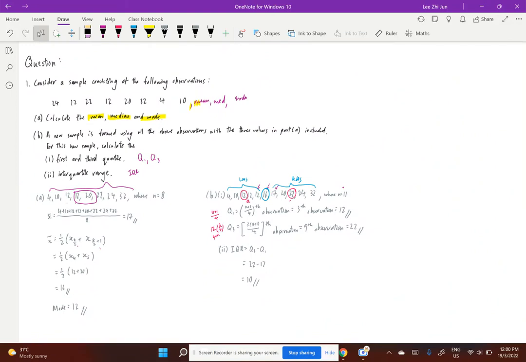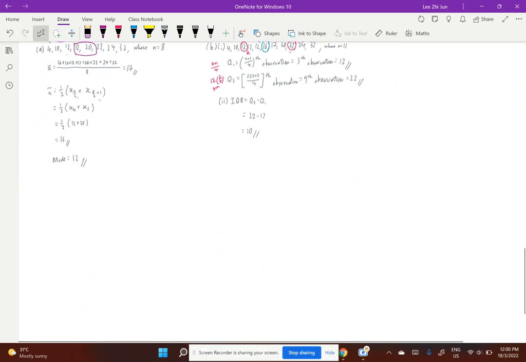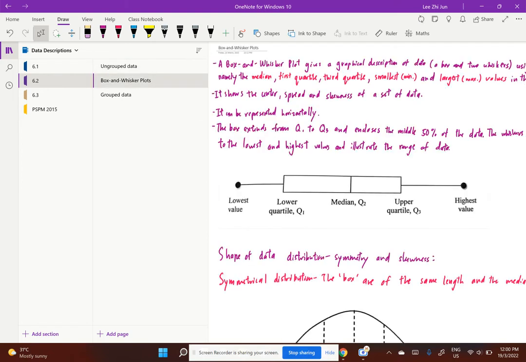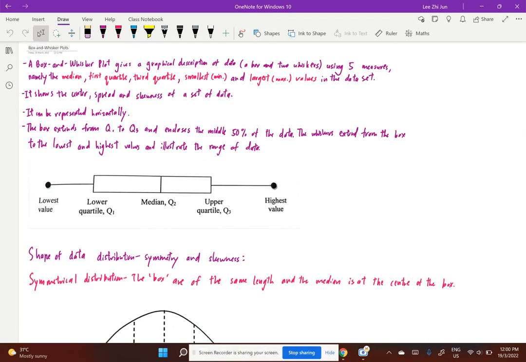Okay, so I go to the grouped data. No, before the grouped data, I will go to one thing, the box and whisker plots. A box and whisker plot gives a graphical description of data using 5 parameters, namely the median, first quartile, third quartile, smallest and largest values.